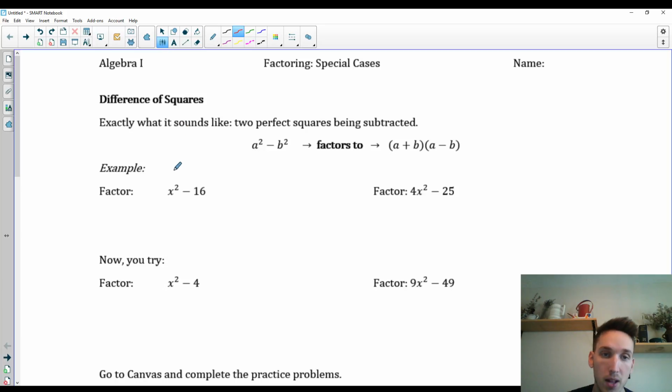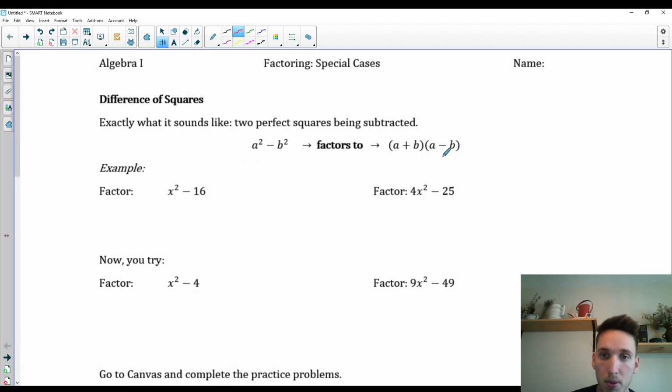But let's make sure we know how to identify a difference of squares when we see it. The first thing is, is it a difference? Difference means subtraction. So yep, we do have a difference. And is it of two perfect squares? Well, x squared is x times x, so that's a perfect square. 16 is 4 squared, so 16 is a perfect square as well. So we have a difference of squares.